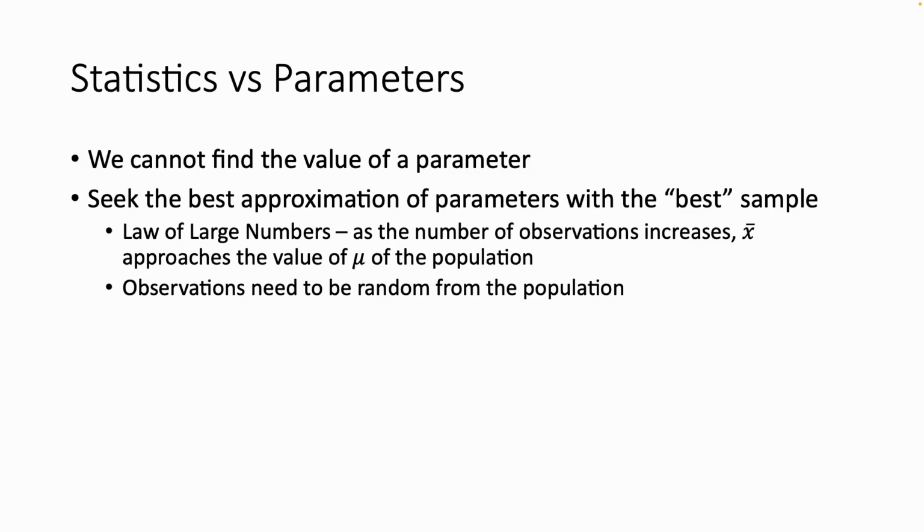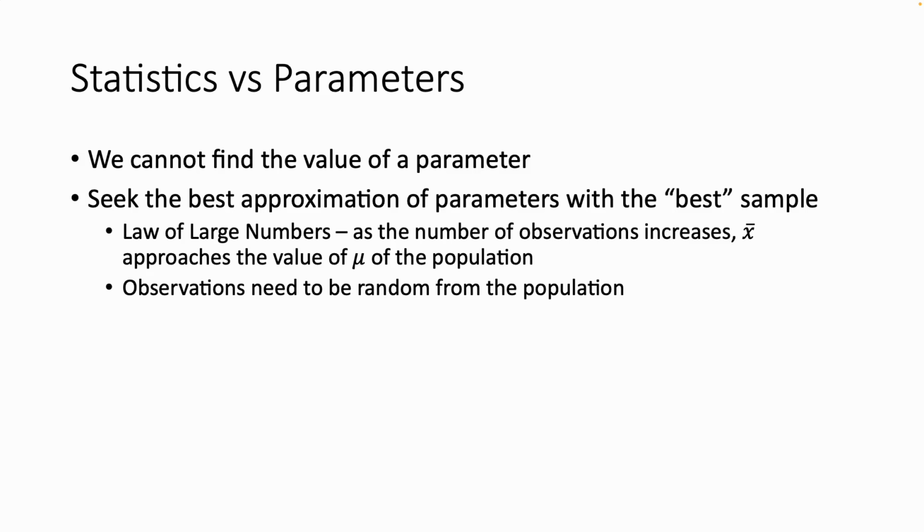That's one of the aspects of statistics, that we are collecting data to try to understand it better. It starts with us digging in and trying to understand and identify how well do we actually know this information? What can we really say? And we're going to look at how confident we can be in those values that we get. Now, observations need to be random from our population, right?